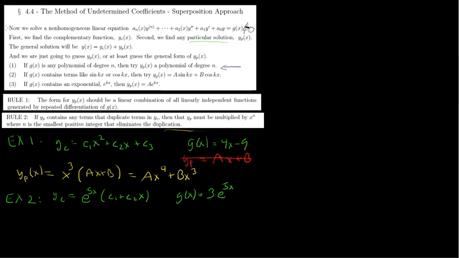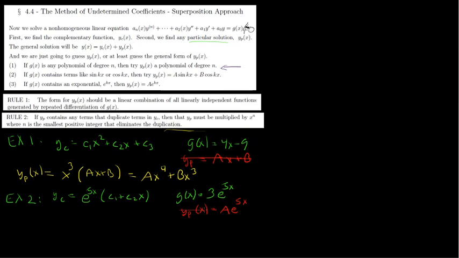So what would we assume to be our particular solution? Regardless of yc, if we didn't know anything about the complementary solution, I would just guess a e to the 5x. That would be our guess for the particular solution. However, if you multiply this out, you're going to see c1 e to the 5x, and that interferes with this. That's a conflict, that's a duplication. And Rule 2 says you're not allowed any duplications.